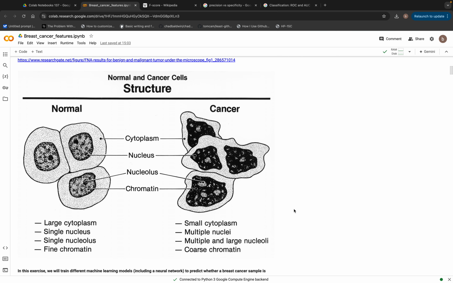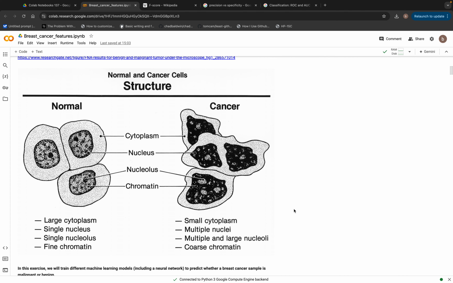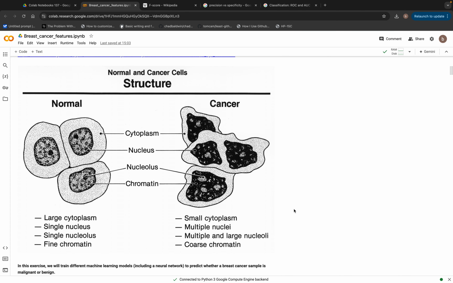Just to get a little bit of an overview of what the differences are, this is a general overview, just to get a sense. It will hopefully help you understand this lab a little bit better. A normal cell will have a lot of cytoplasm versus the nucleus: large cytoplasm, single nucleus, single nucleolus, and very fine chromatin.